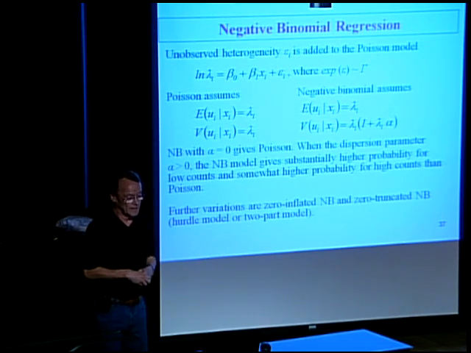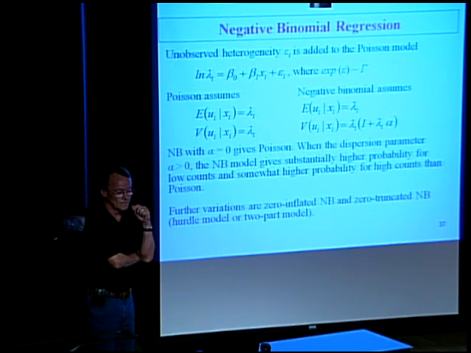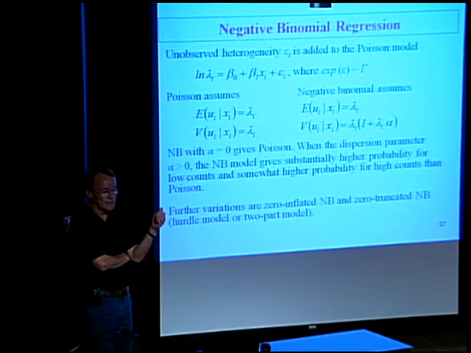Under what circumstance? Either you could go by BIC again, or you can reason substantively. If you're particularly interested in the zip idea of a zero class, if that's relevant for your substantive application, then you may want to go that way, because the negative binomial has no zero class.